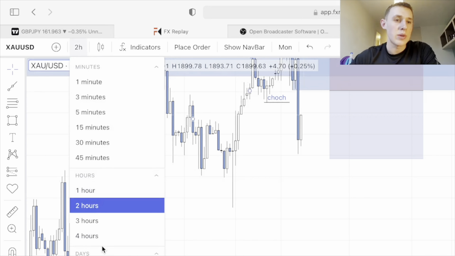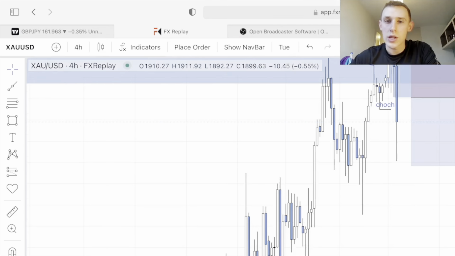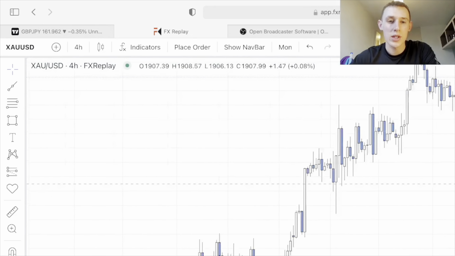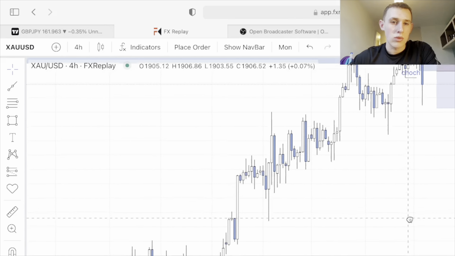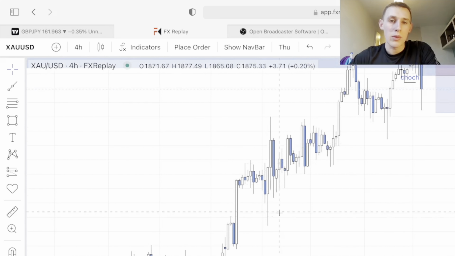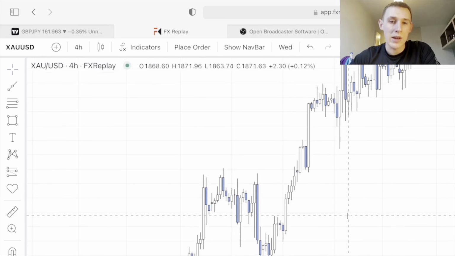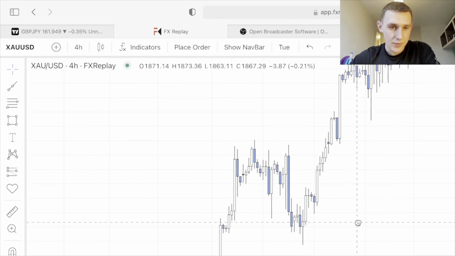Since we have tapped into a daily level, we can look to target some daily levels of interest. Within this range, I'm not really seeing any targets, but down here, we obviously have these two levels of imbalance.